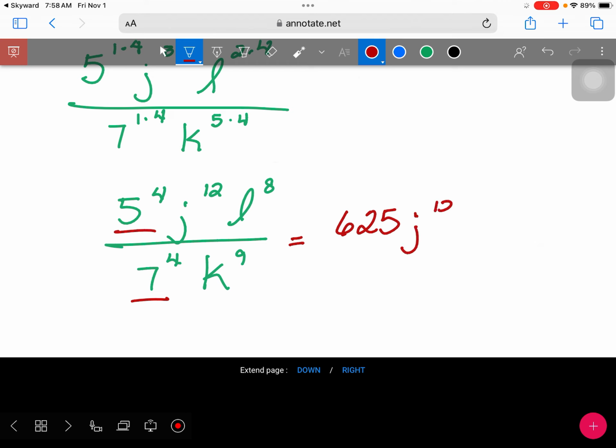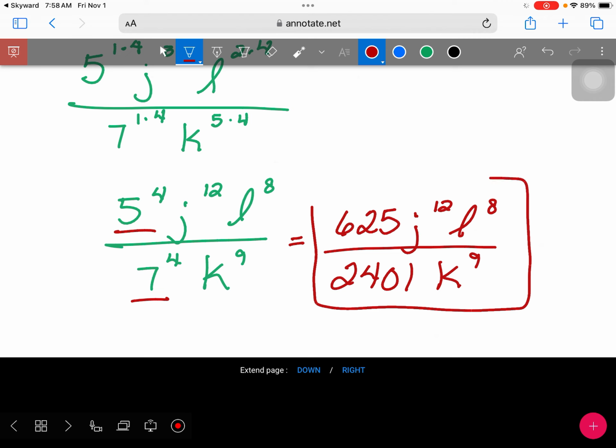J to the 12th, L to the 8th. All divided by, I need help with 7 to the 4th. I do not know what that is. What'd you get? 2,401. And k to the 9th. I don't have anything on the top and the bottom that are the same, so that is your final answer.